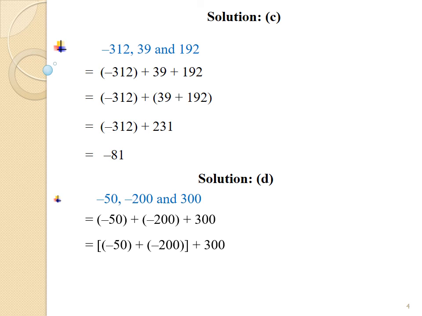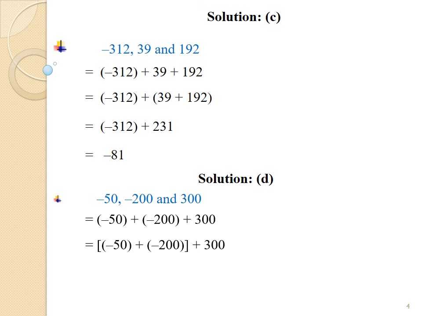Thus, adding 50 and 200 as a whole number by ignoring the minus sign and keeping the positive integer 300 as it is, we get 250 plus 300.